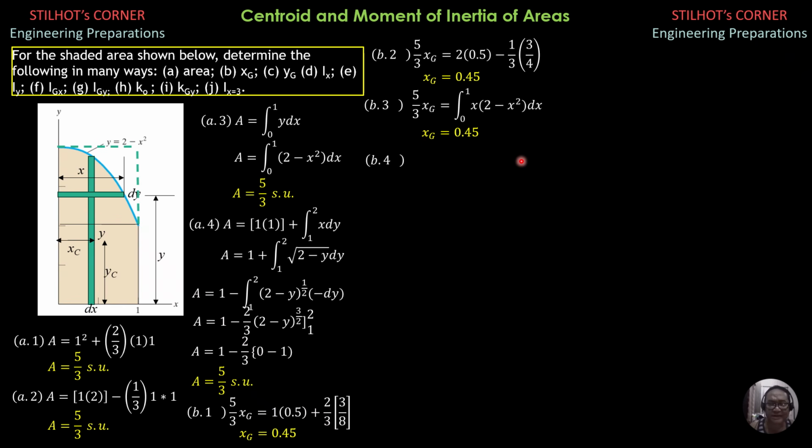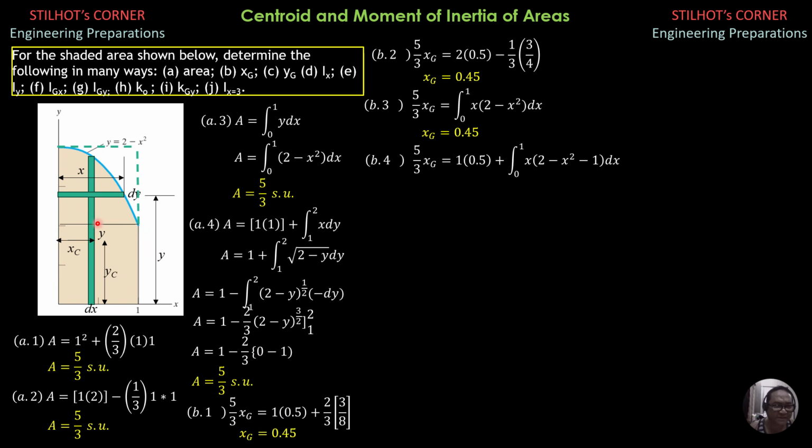Next method is by treating this as a rectangle, a square, area is 1, location of centroid 0.5, then considering a vertical strip, integral of x sub c, which is still x, then the differential area is the height of the strip from this end up to here.